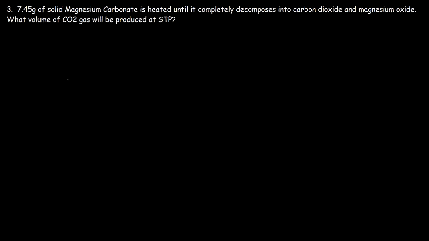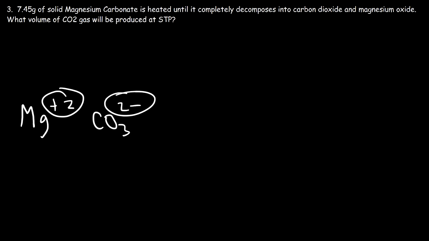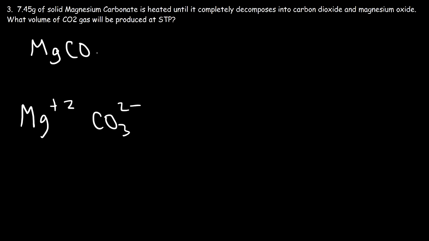So what is the chemical formula of magnesium carbonate? Magnesium is an alkaline earth metal with a positive 2 charge. Carbonate is CO3 2-. Because the magnitude of the charges are the same, we can simply write them in a 1-to-1 ratio. So the chemical formula of magnesium carbonate is simply MgCO3.